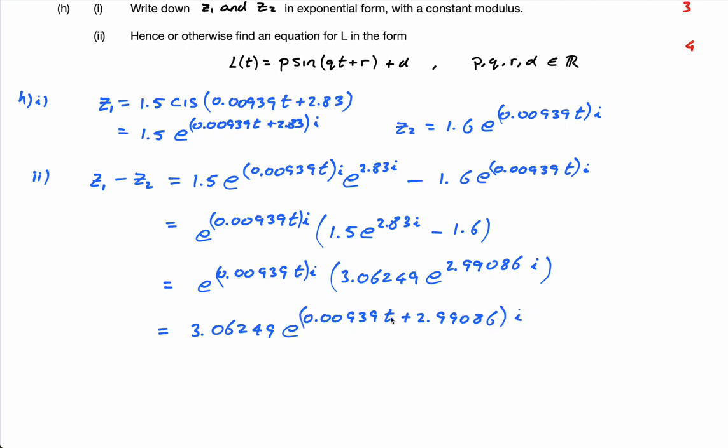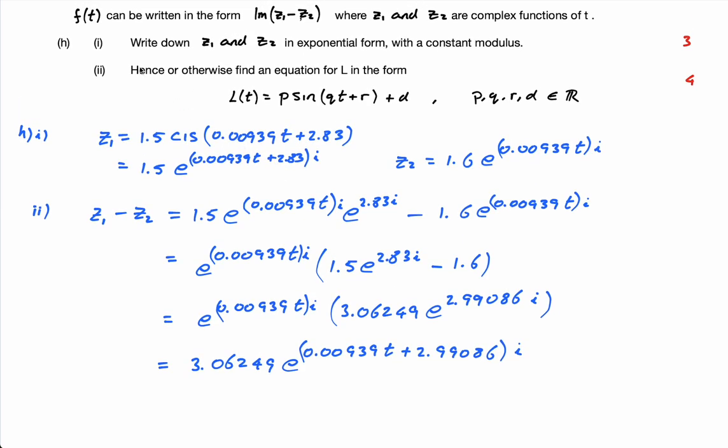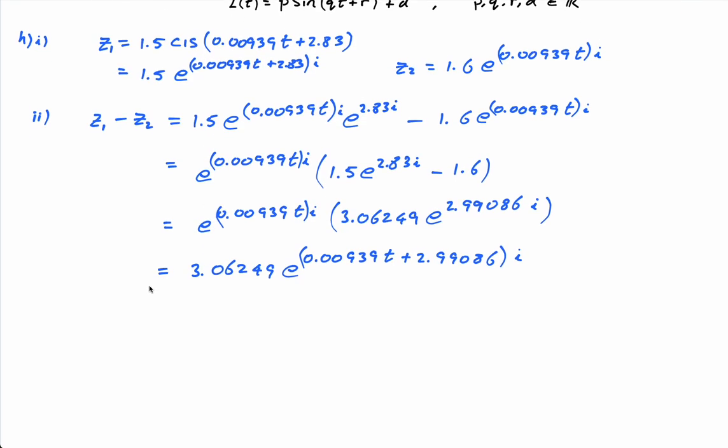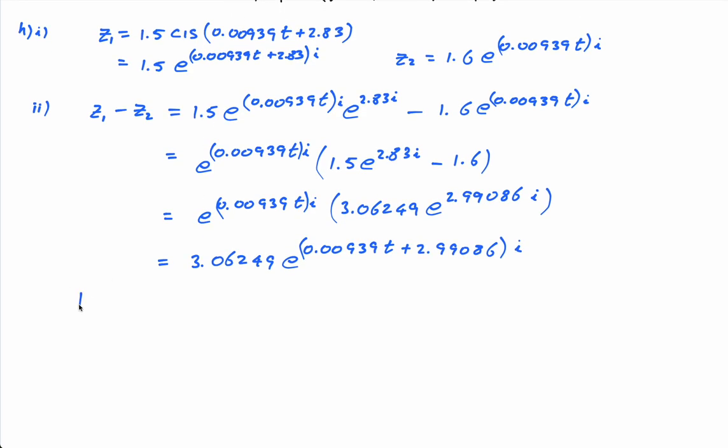Okay, so this is z1 minus z2, nice. This is in exponential form, r e to the i theta, so this is my theta. And he says f of t can be written as the imaginary part of this.